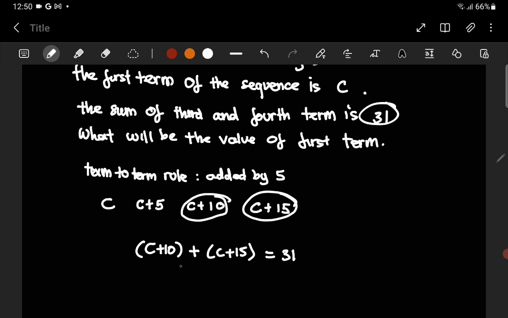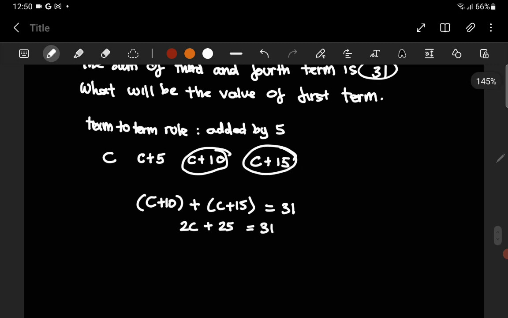So it means 2C plus 25 will be equal to 31, right? And you can solve this. 2C will be equal to 31 minus 25, and then 2C is equal to 6, and then C is equal to 3.